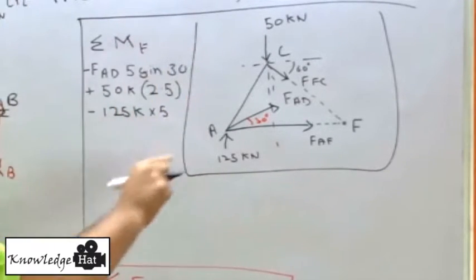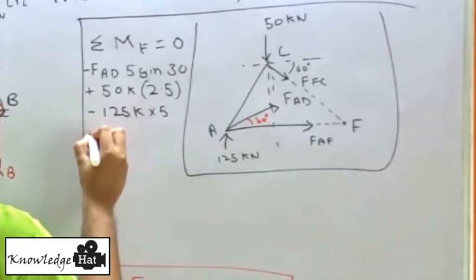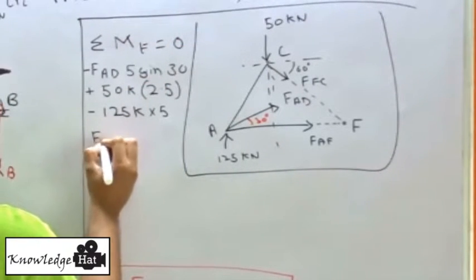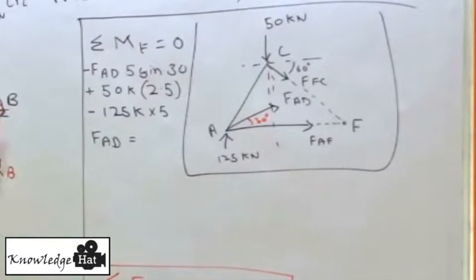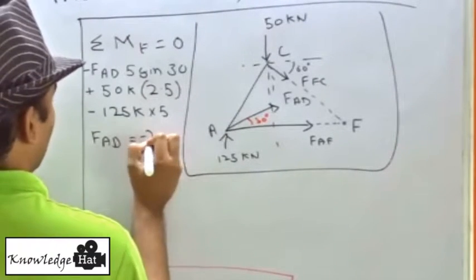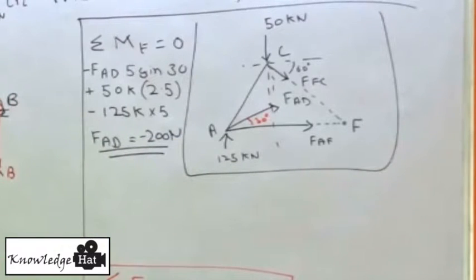When we apply this entire thing to the calculator, we get our force AD, which is required in the question as well, and the value is minus 200 kilonewtons. So this is the first force.